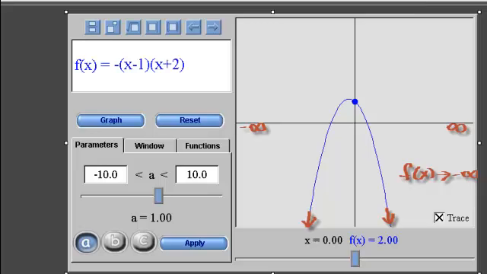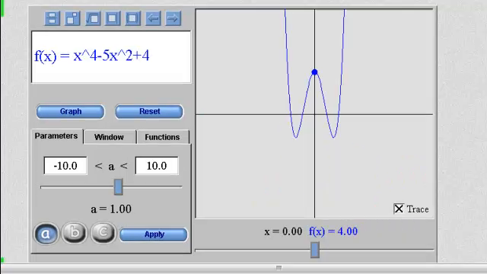So let's look at a fourth degree polynomial. Here's positive infinity, here's negative infinity. As x goes to positive infinity, we would say that f of x goes to infinity.